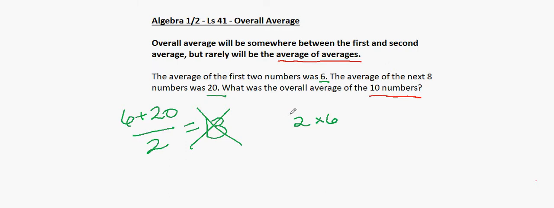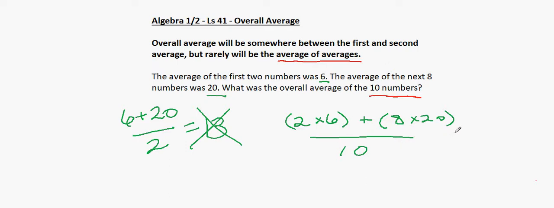That's how we would have found that. And then to find the average of the last one, we would have had to multiply 8 numbers times 20. And this would have been divided by 2, this would have been divided by 8, so overall we want to divide by 10. This is actually going to give us the right average.